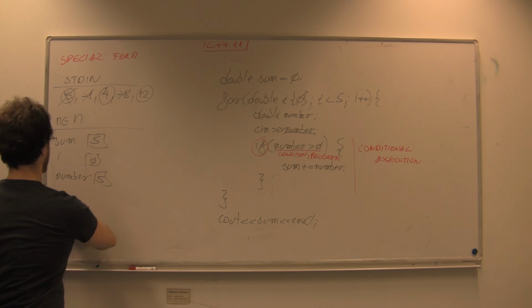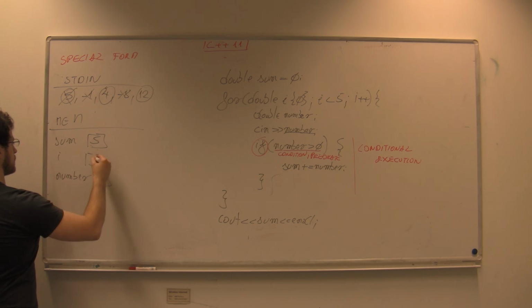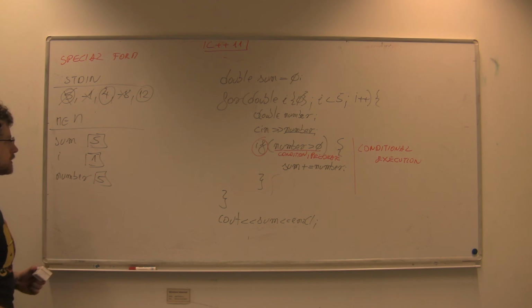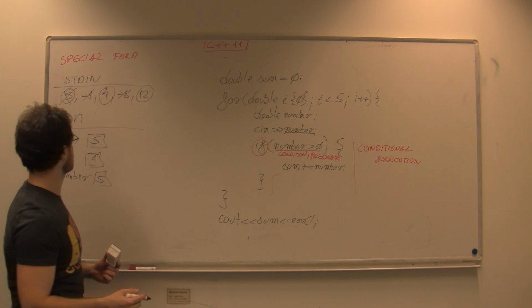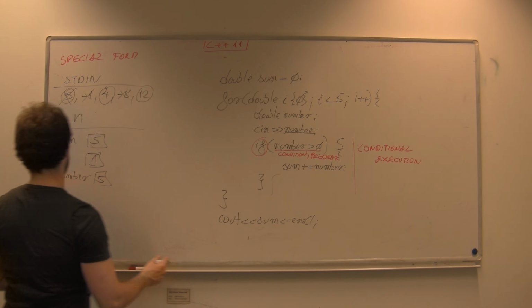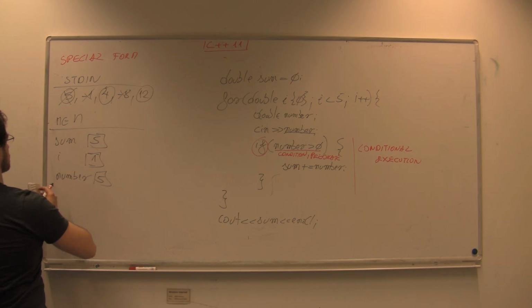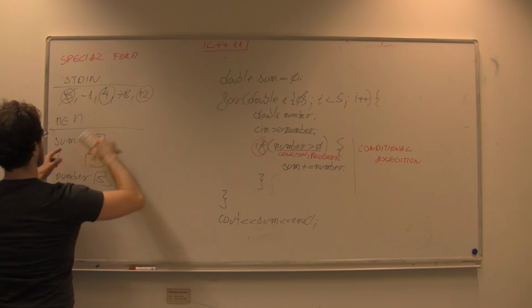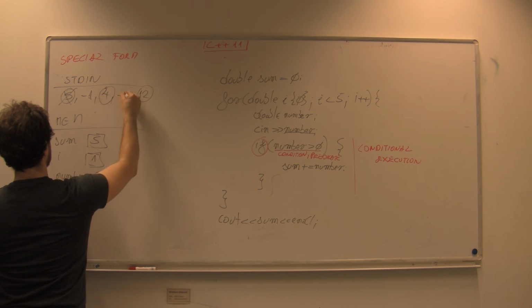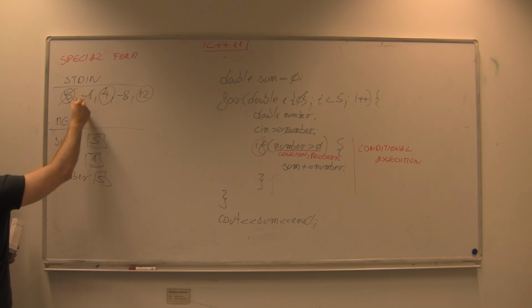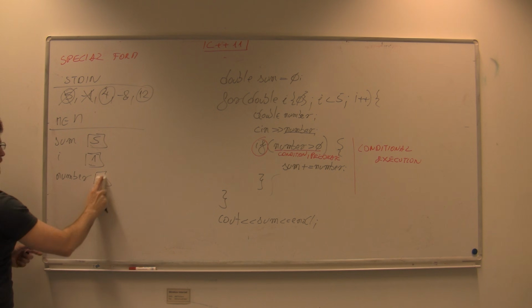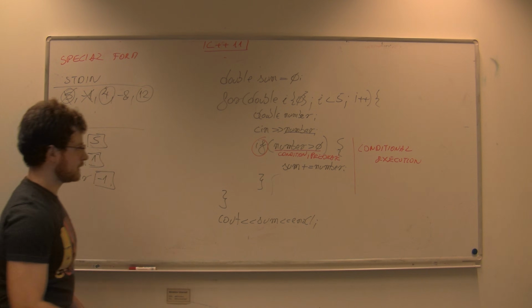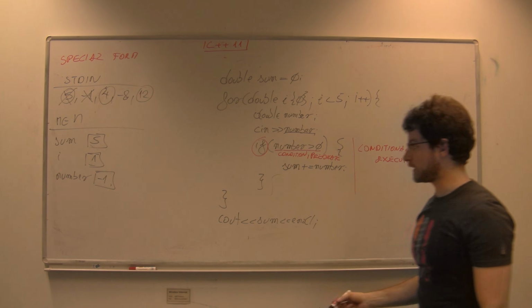We increment the loop variable. Its value is now 1. We check the condition of the loop. It holds, so we can again read a number from standard input. I'll just remove these so that we know where we are. So the next number is -1. We store it here, and we again perform conditional execution.